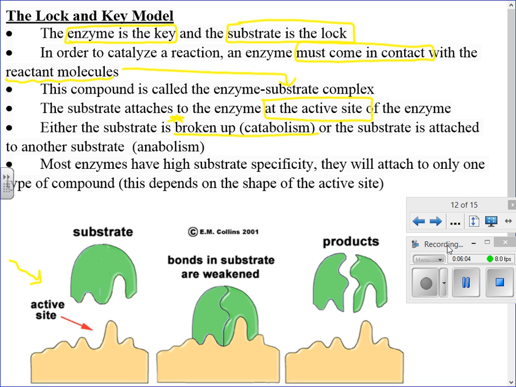So either the substrate is broken up, which is called catabolism, or the substrate is attached to another substrate, like I'm putting them together. That's anabolism. If I wanted to be general, I could just talk about metabolism. That's not saying whether things are being broken down or put together. That's just being very general.